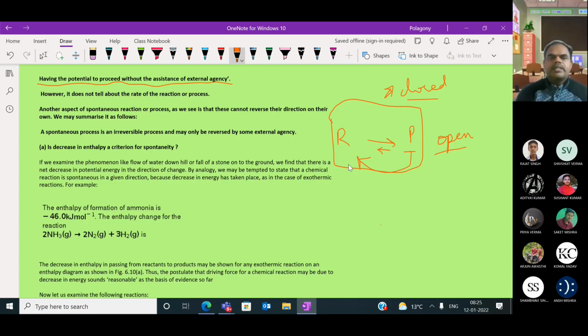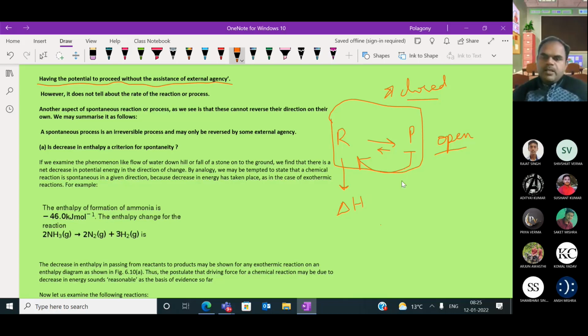Simply, we can tell the reason is that the reactant transforms into the product, and there could be a change in enthalpy. So the reason for the spontaneity is the decreasing of enthalpy change of the reactants, right?